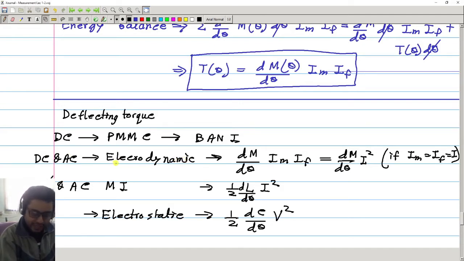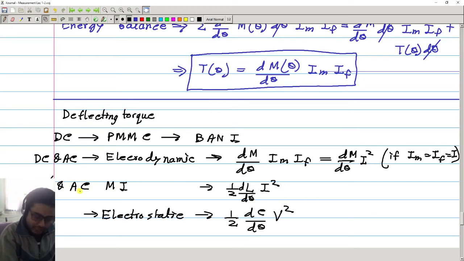So we can calibrate this instrument by passing known DC currents, thereby calibrating the scale, and then this instrument will be able to measure AC as well. If you want to calibrate an MI instrument, you cannot pass DC current because it doesn't work properly with DC currents. There you have to pass AC current only.